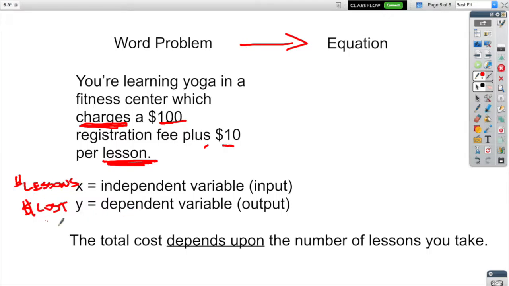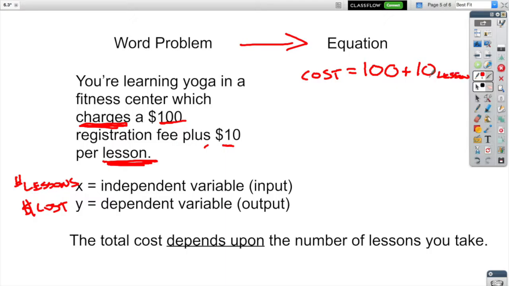All right, so now we can start thinking about the equation. The way we calculate the cost here, hopefully you've seen it, would look something like this: a $100 upfront fee plus $10 per lesson, where X is the number of lessons, so 10 times the number of lessons.